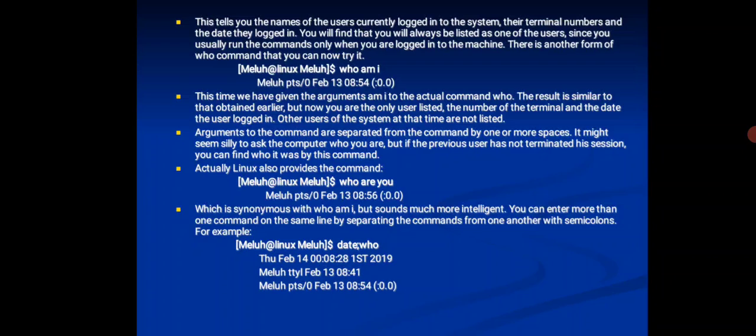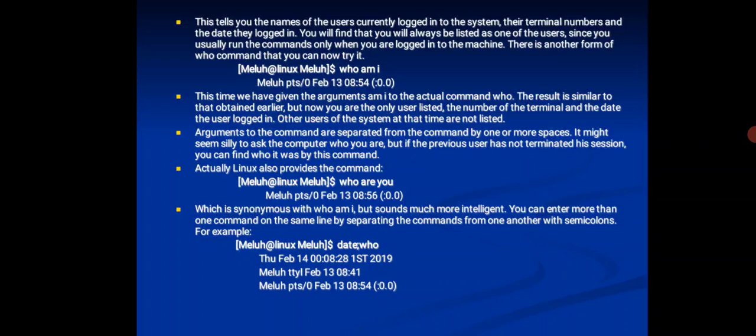Then next we study another format, that is we can enter more than one command on the same line by separating the commands from one another with a semicolon. So here we enter one command at a prompt. Suppose we entered cal, which means it is a calendar command. For the system date it will display the particular month.